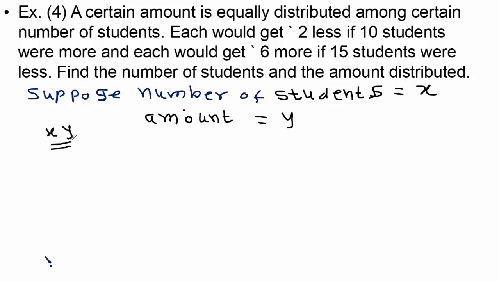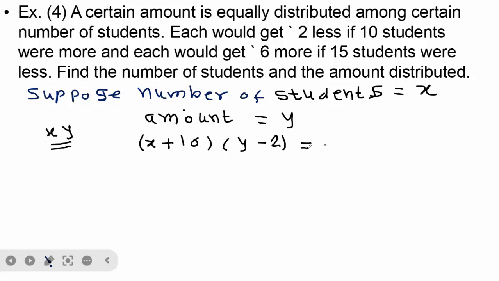Now, the first condition. If 10 students were more, that means if we have x plus 10 students, then each will get amount y minus 2, and x plus 10 students, each getting y minus 2, this total becomes xy.